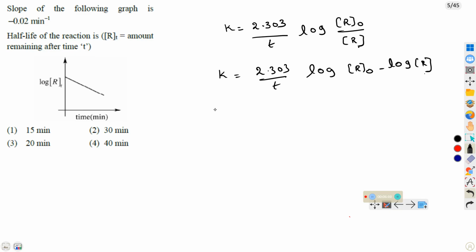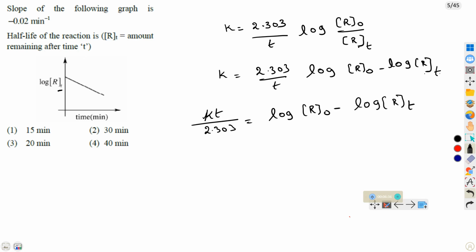Rt is given, so kt/2.303 = log R0 minus log Rt. Log Rt = log R0 minus k/2.303 into t.